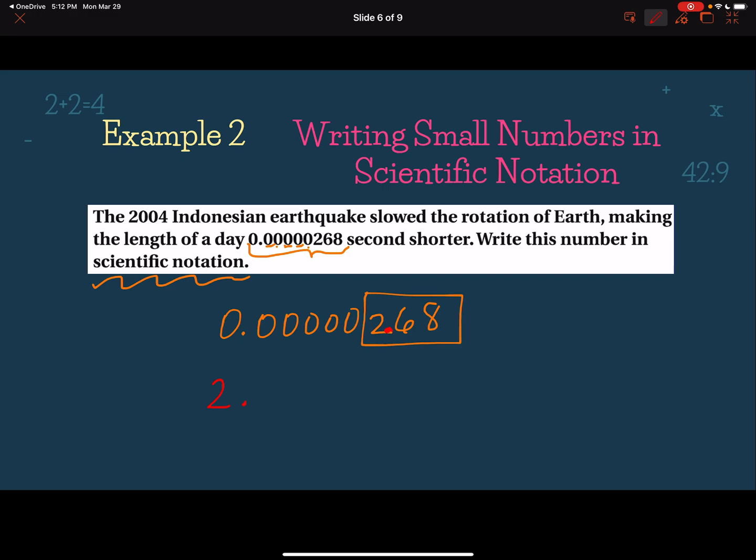That now becomes my factor. And this is a smaller number, so my exponent is going to be negative, and I'm going to count the number of places. 1, 2, 3, 4, 5, 6. So we're going to have a negative 6 for our exponent.